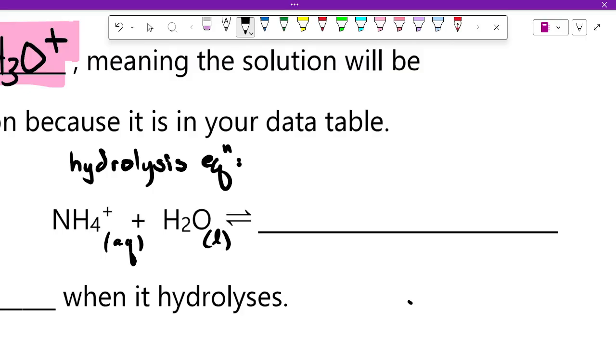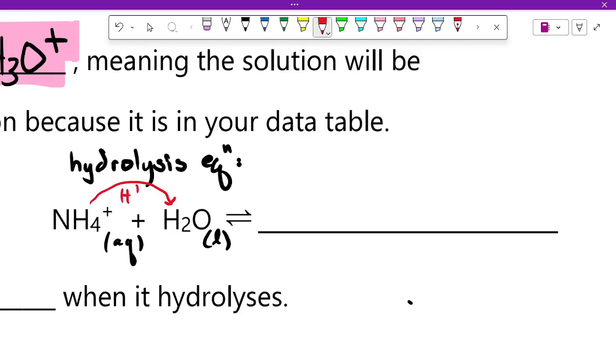What do we get as our products? Who's going to do the donating of the proton? NH4 is going to donate the proton.